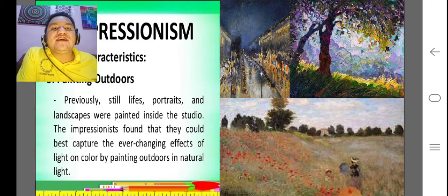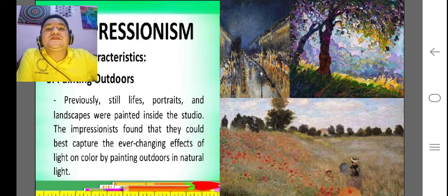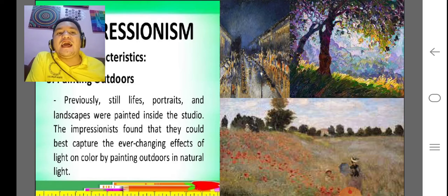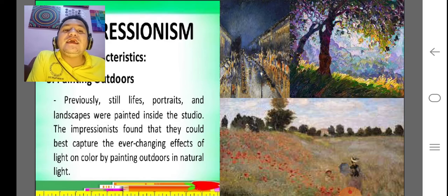Next, let us talk about painting outdoors. Previously, still lifes, portraits, and landscapes were painted inside the studio. The Impressionists found that they could best capture the ever-changing effects of light and color by painting outdoors in natural light. So take note of that.